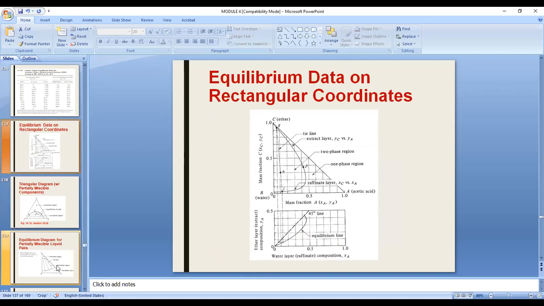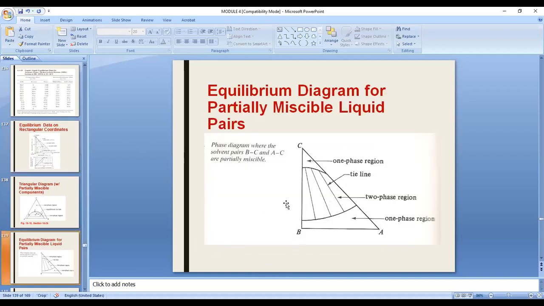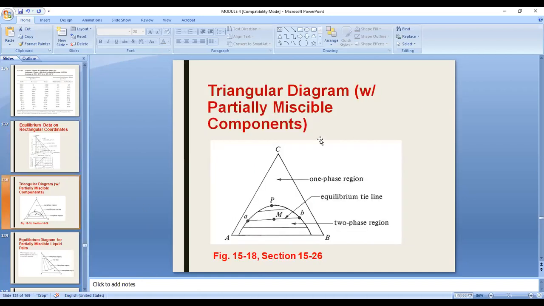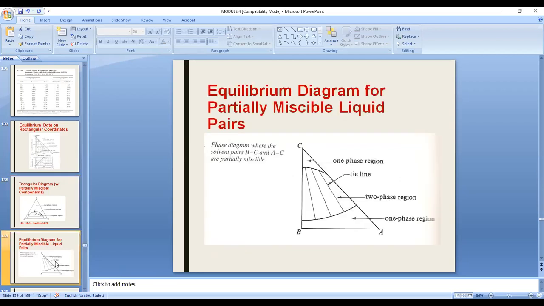Now, in here, another triangular diagram. If this one is for partially miscible components, this one is for partially miscible liquid pairs, not components, but liquid pairs. The example given here is for B and C to be completely miscible with each other, and A and C completely miscible, but the resulting layers only partially miscible.